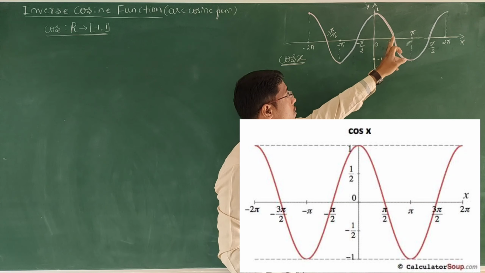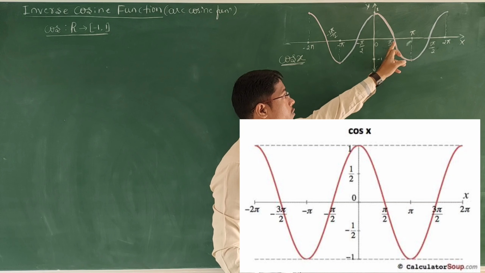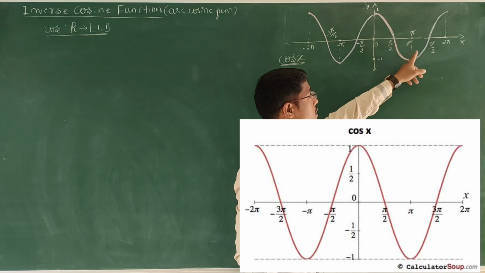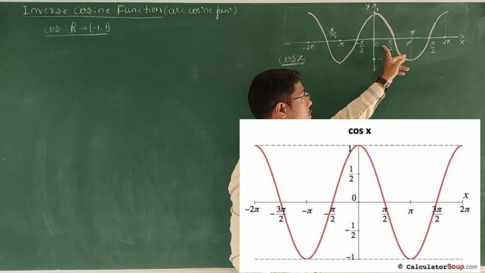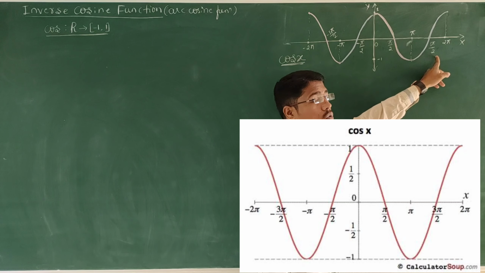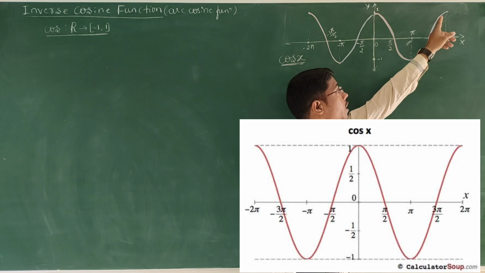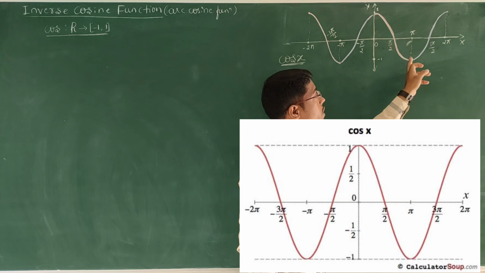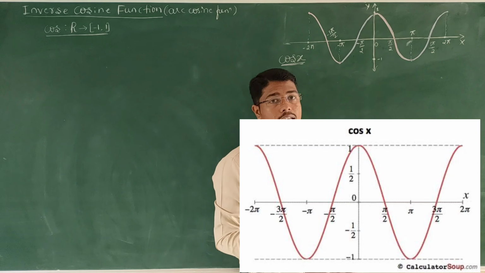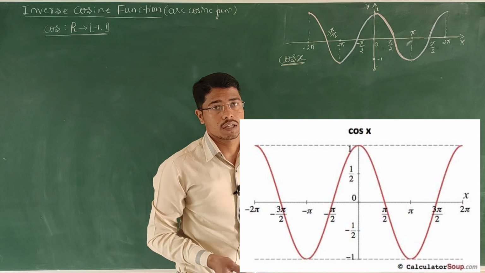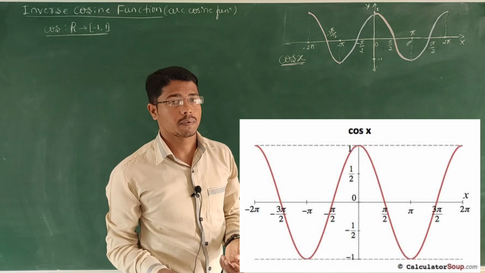Cos 0 is 1, cos pi by 2 is 0, cos pi is minus 1, cos 3 pi by 2, cos 270 is 0, cos 2 pi is again 1. So it is a periodic function. As we know, periodic functions are not bijective, they are not invertible functions.